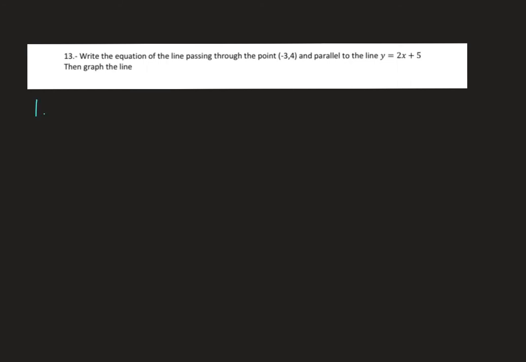So the first thing we need to do is find the slope. Well, there's a couple ways to find the slope. If we have 2 points, then we just put it into the slope formula. In this case, we have a parallel line. So we know that the parallel slope is the value that is on x, so that is 2.